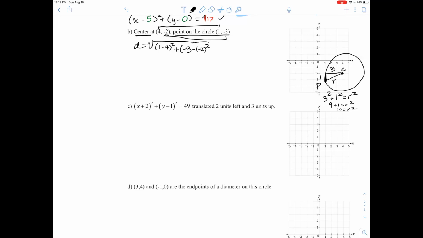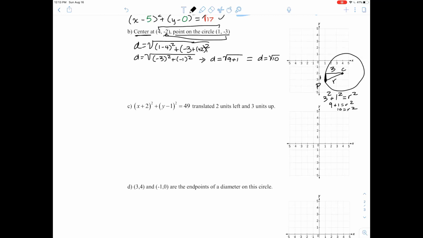And you could just use your formula. So that would be the square root of -3 squared plus -1 squared, which is, the distance is equal to the square root of 9 plus 1, which is the square root of 10.